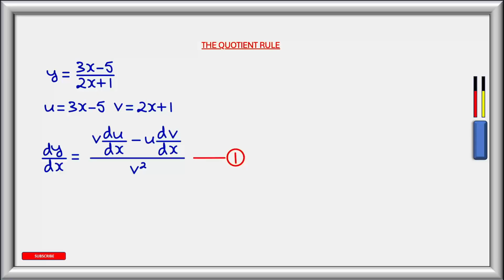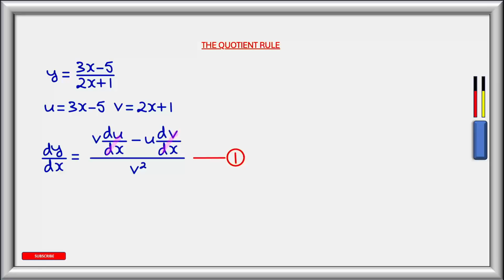And when we use the quotient rule, the derivative of y with respect to x is equal to v multiplied by the derivative of u with respect to x, minus u multiplied by the derivative of v with respect to x, all divided by v squared. Now in this formula, we already know what v and u are, but at the moment, we don't know what du/dx or dv/dx is.